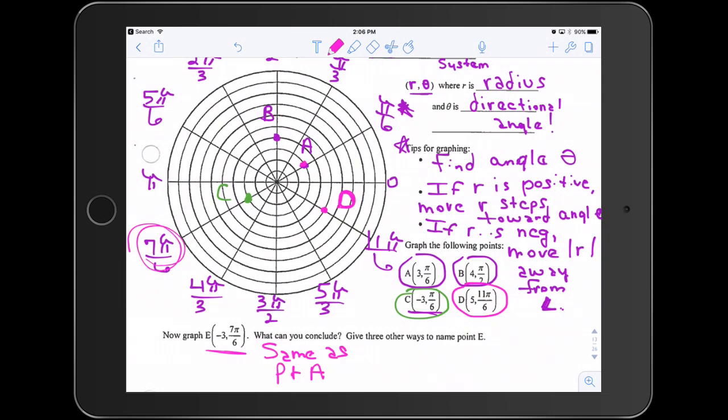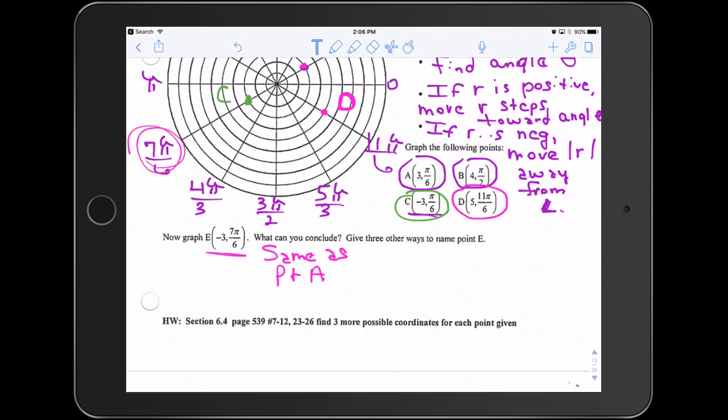Well, we know one because we already have point A. And so my first point that I'm going to name is 3 pi over 6. Why not, right? And you know, you can do a couple different things here. You can take 7 pi over 6, and add 2 pi onto it to rotate it all the way back around again.